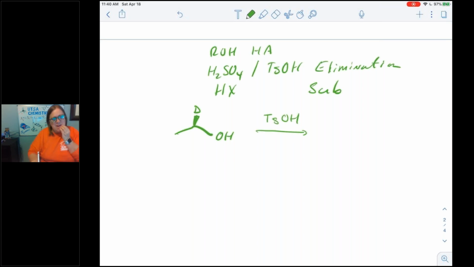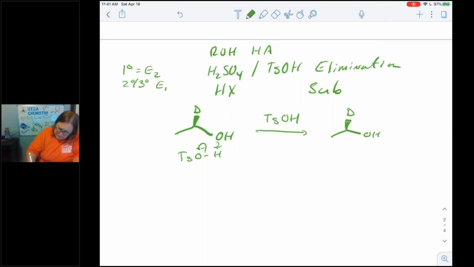Okay, if I ask you the mechanism for this, for primaries, it's E2, secondary, tertiary, it's E1. So again, it's a concerted reaction mechanism once I form my good leaving group. Okay, so I'm going to have this right here, deuterium atom here.